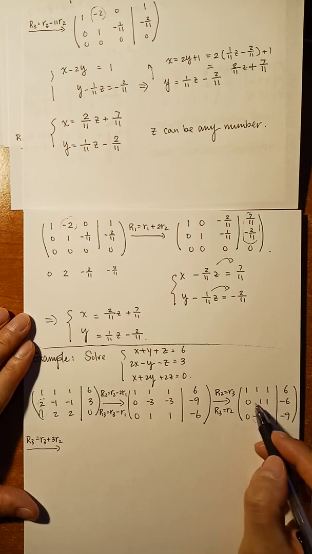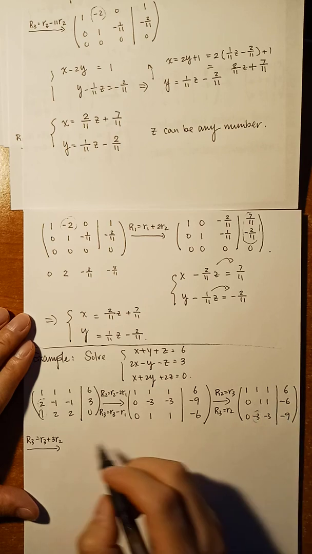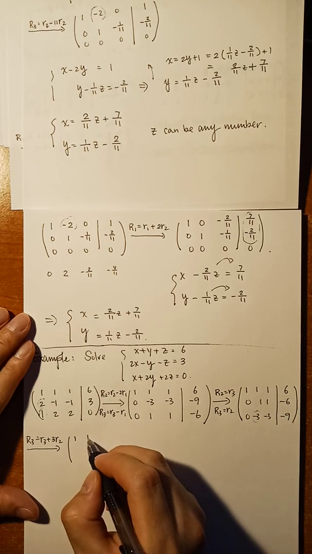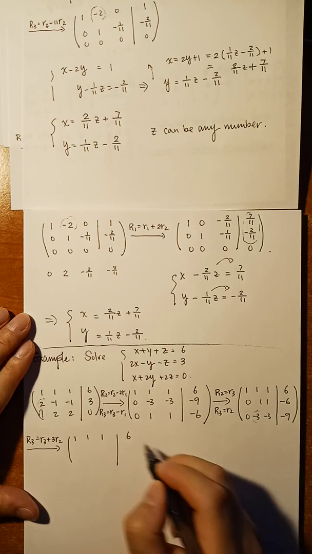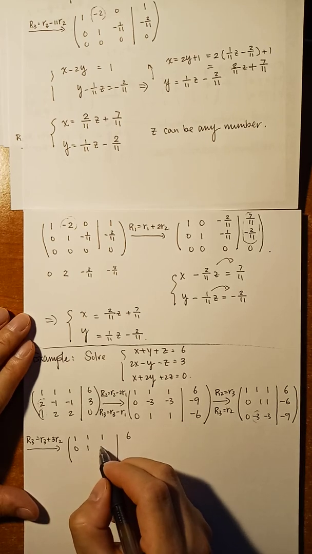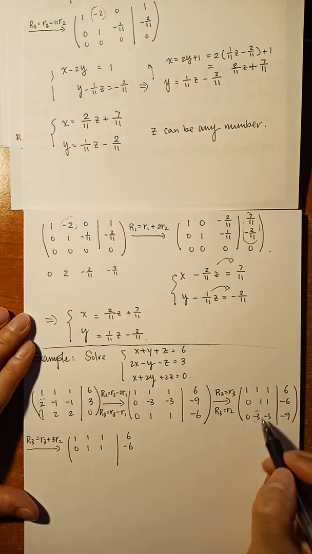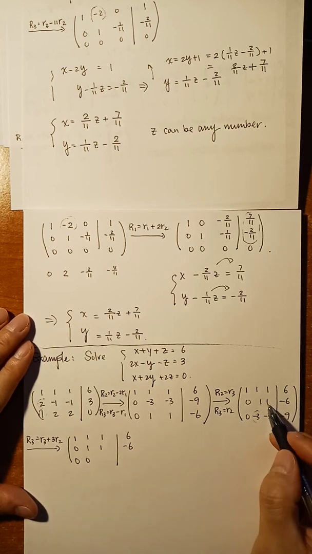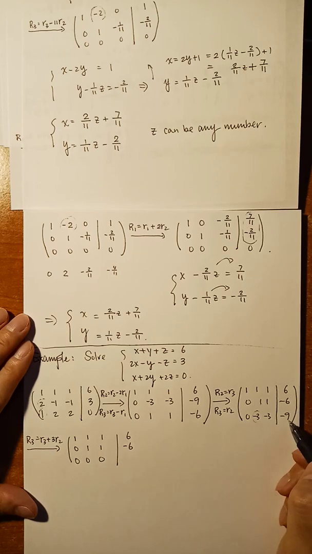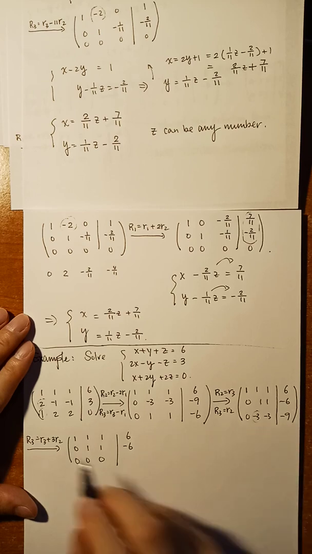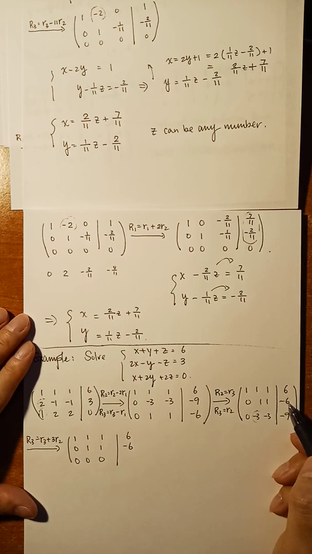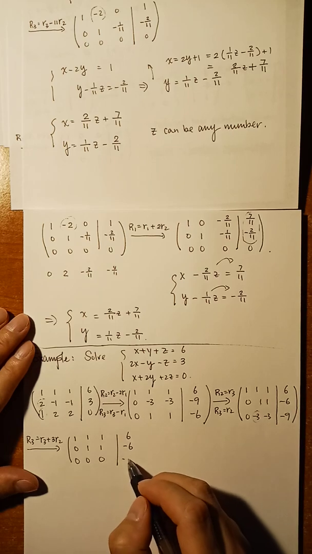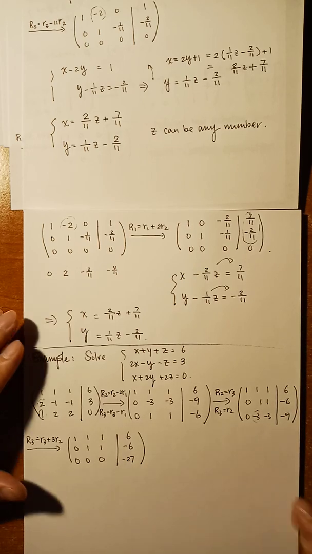We multiply the second row by 3 and add it to row 3. Negative 3 plus 3, 0. Negative 3 plus 3, 0. Negative 9 plus, remember it's multiplication by 3, negative 6 by 3 is negative 18. Negative 9 plus negative 18 is negative 27.